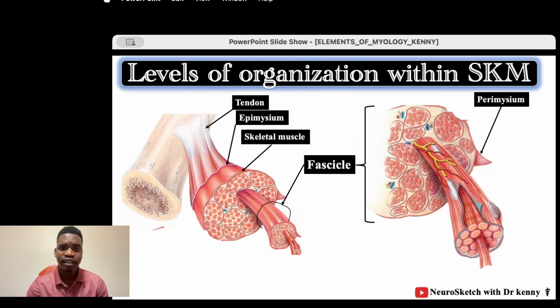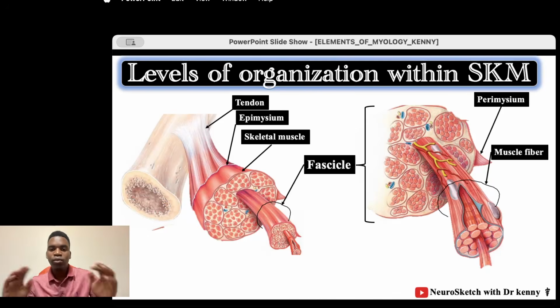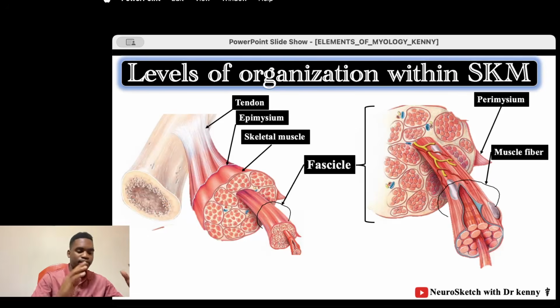But you see, again, the fascicle has a lot of small bundles that are bundled together, and these bundles we call the muscle fibers. Remember, I've just told you that the muscle fiber is also known as the myocyte. The myocyte is also known as the muscle fiber because it is a cell, of course, but it's very long.